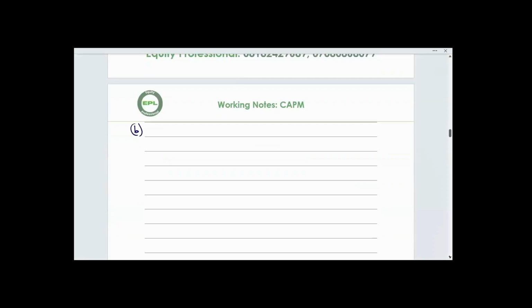It measures the sensitivity of a project's risk to that of the market. Therefore, I would then say calculating overall beta for company Y.